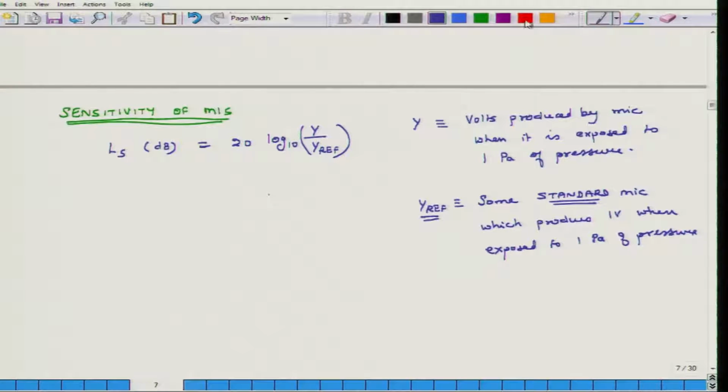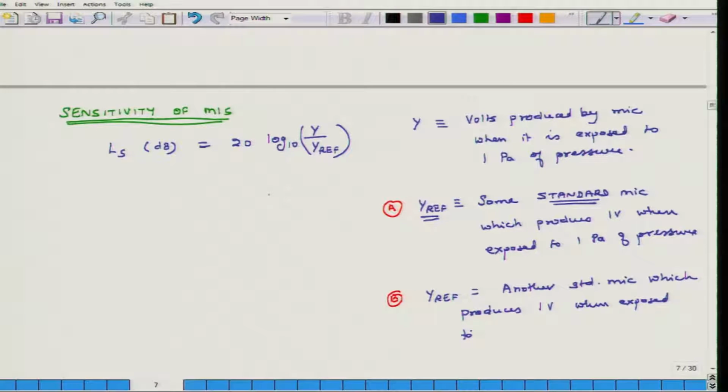So this is case A. There could be one type of standard mic which produces 1 volt when it is exposed to 1 Pascal pressure, but then there could be case B, where Y ref is equal to another standard mic. So there are two different standards we are using. Another standard mic which produces 1 volt when exposed to 1 microbar.